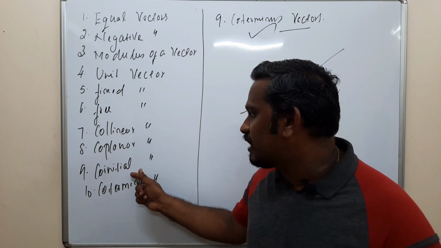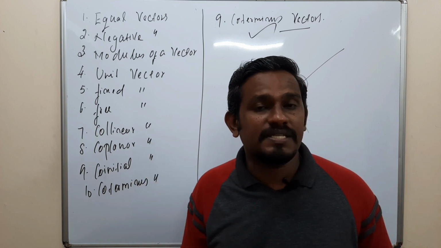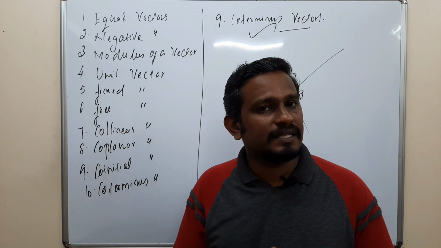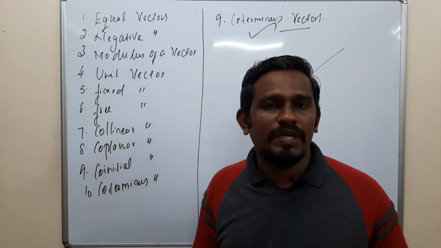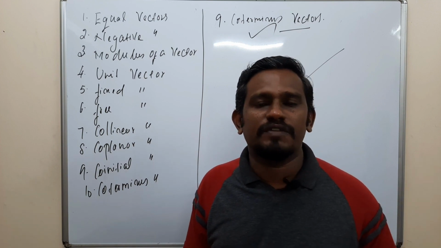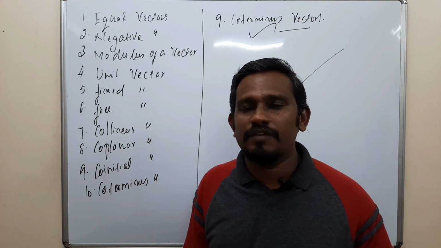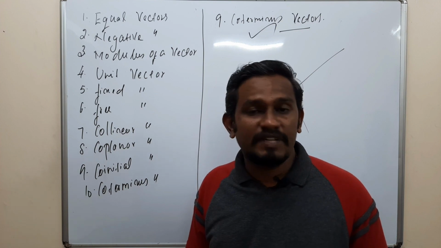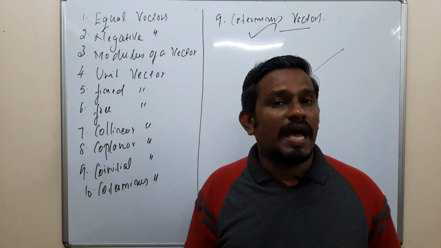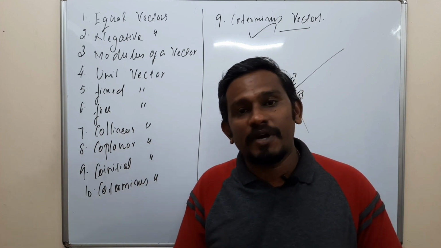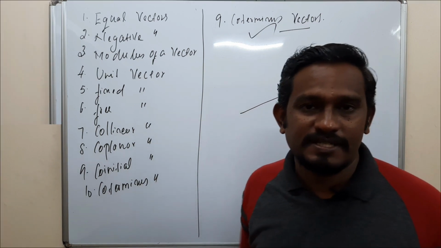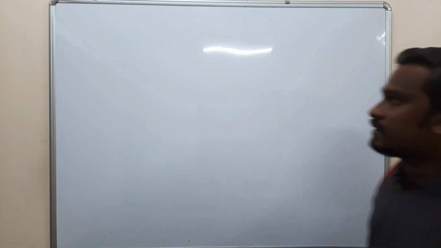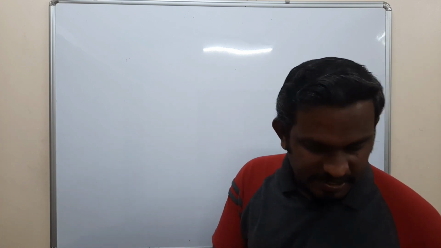Coplanar vectors: if the vectors are acting in the same plane, we can say that they are coplanar vectors. Co-initial vectors: if the starting point of the vectors is the same, we can say that they are co-initial vectors. And if the ending point or terminal point of the vectors is the same, then we can say that they are coterminous vectors. Clear?